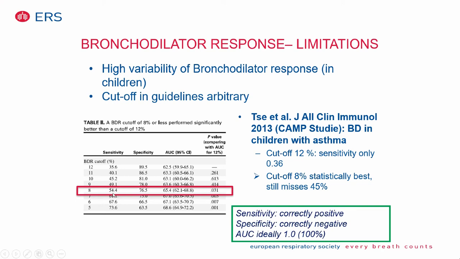And they also looked at different cutoffs. Here is the 12%, sensitivity of 36%, high specificity, but you won't detect all the children with asthma. And the best cutoff here in the CAMP study, children with asthma, was a cutoff of 8%, so much lower, and that gives you a sensitivity of only 54% with a specificity of 77%. So it still misses 45% of the children with asthma.